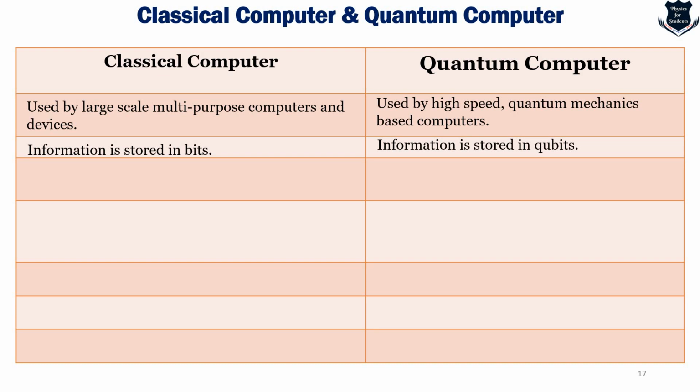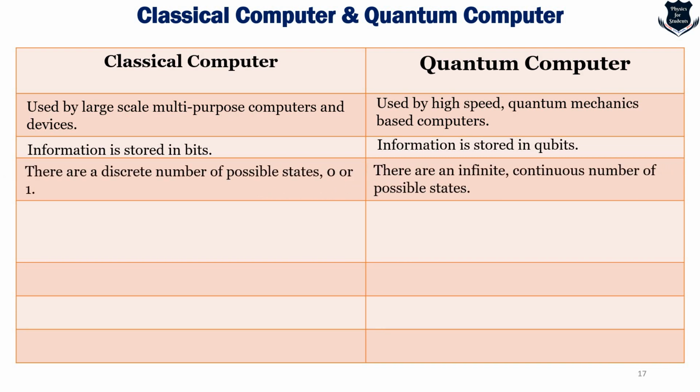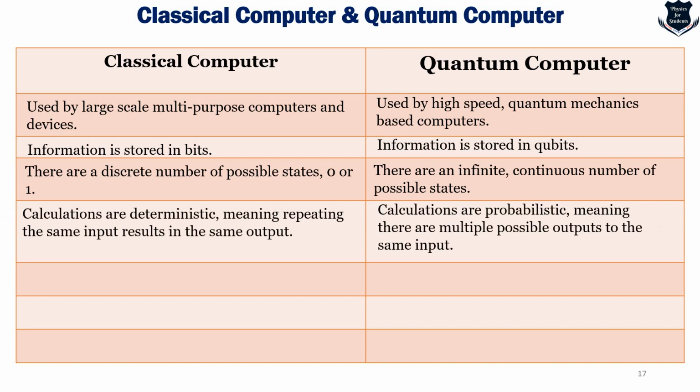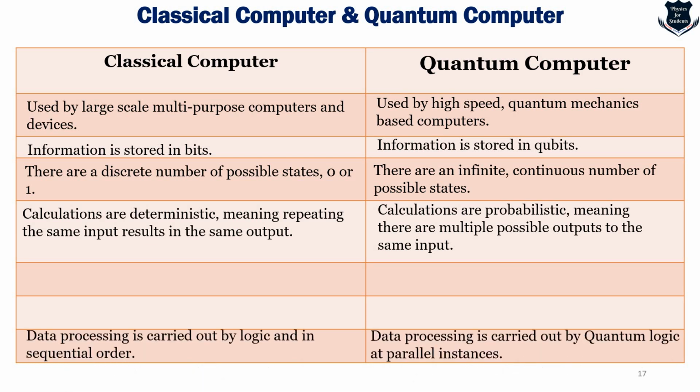The most important thing is that in classical computers information is stored in bits, and whenever it is stored in bits, we get one of the possibilities, but here information is stored in qubits, with multiple states. We will come and explain that. There are discrete numbers, obviously 0 and 1, and here there are infinite continuous numbers of possible states. Now the calculations in classical computers are deterministic, meaning that repeating the same input results in the same output, but here it is probabilistic. It means there are multiple possible outputs to the same input.